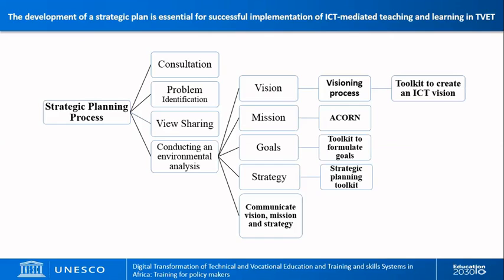At the environmental analysis stage is where we have the vision, mission, goal, strategy, and the communication. So at each stage of this strategic planning process, we need to look at the visioning process, how to use ACON to prepare a mission statement, two keys to formulate, and then the strategic planning toolkit.